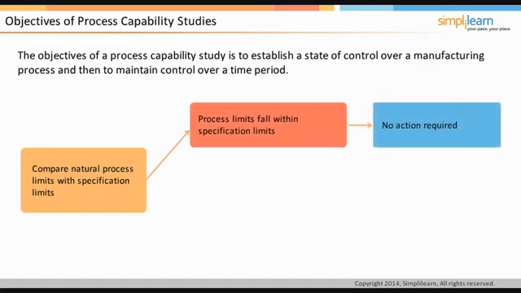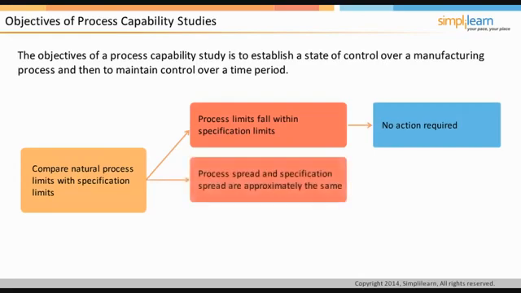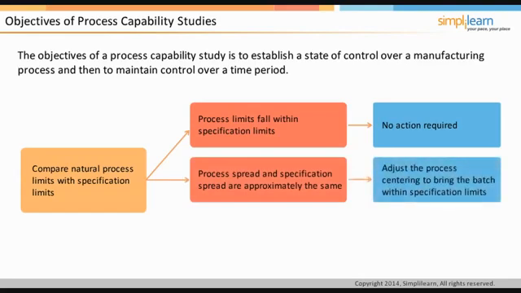This shows the process is running well and no action is required. The second possibility is that the process spread and the specification spread are approximately the same. In this case, the process is centered by making an adjustment to the centering of the process. This would bring the batch of products within the specifications.